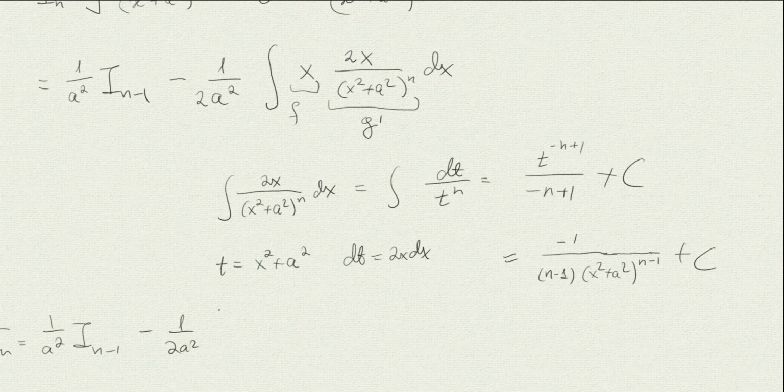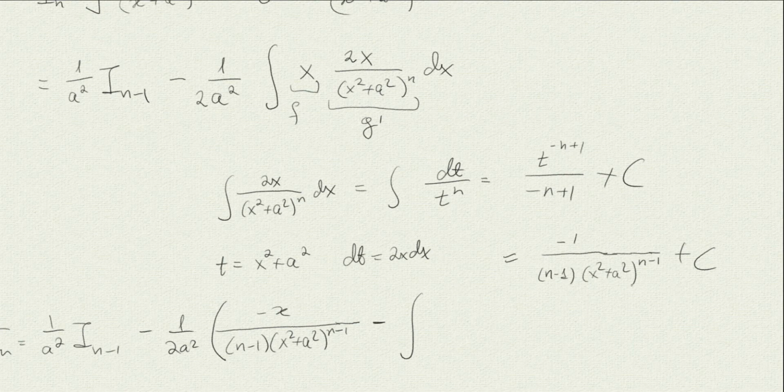And then when we integrate this expression by parts, this is going to be fg. f is just x. So it's going to be minus x over n minus 1, and here we have x squared plus a squared to the power of n minus 1. Right? And here we're going to take the minus of the integral. So we need to take f prime g, but the derivative of f is just 1.